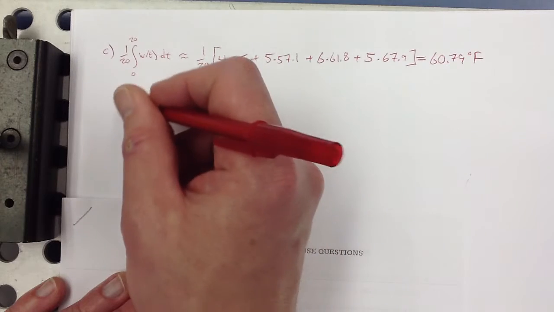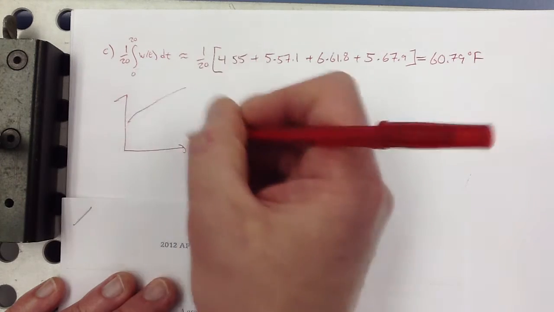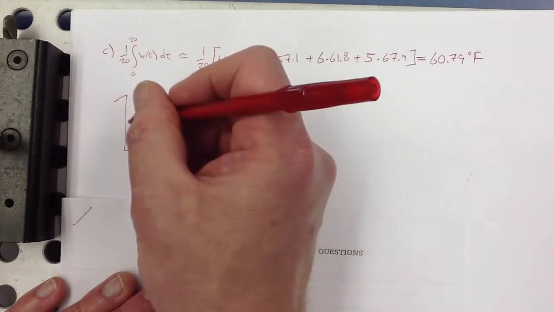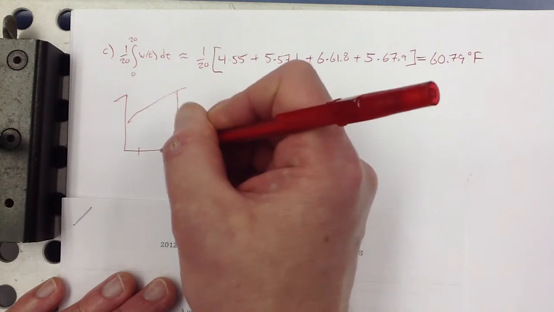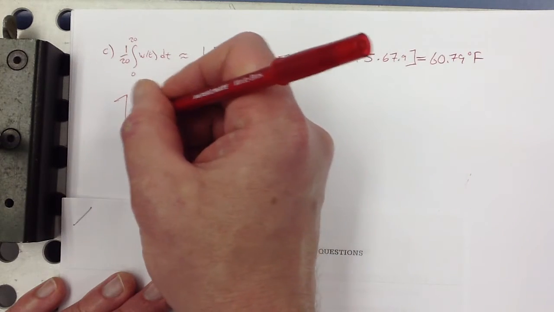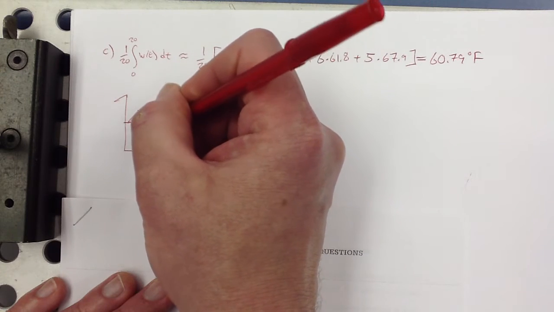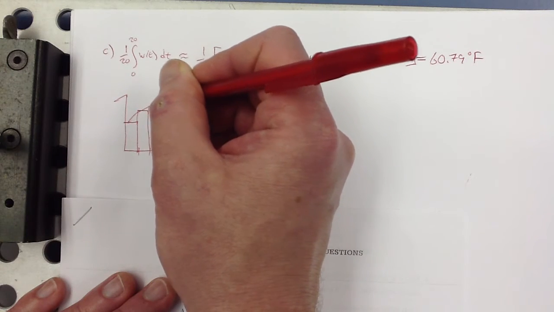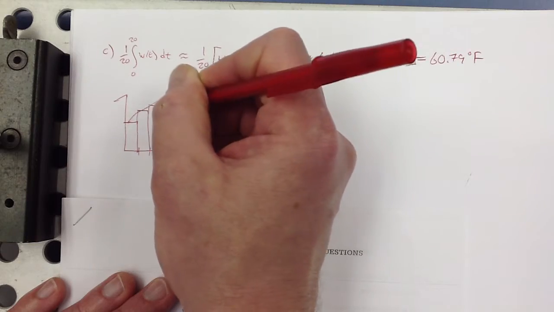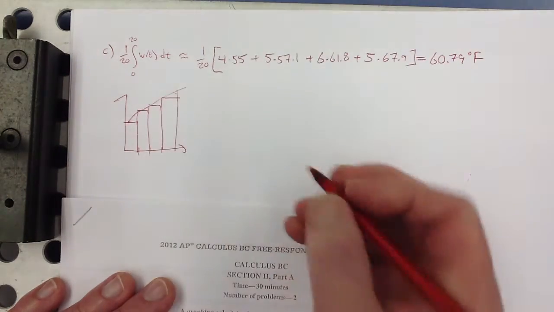And if you find the area from here to here, and you divide it into 4 subintervals, and you use the left endpoints, then you're always going to be underestimating, right?